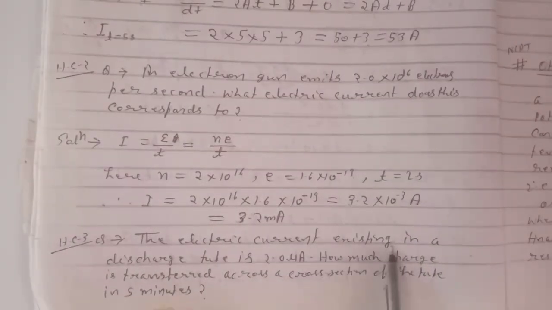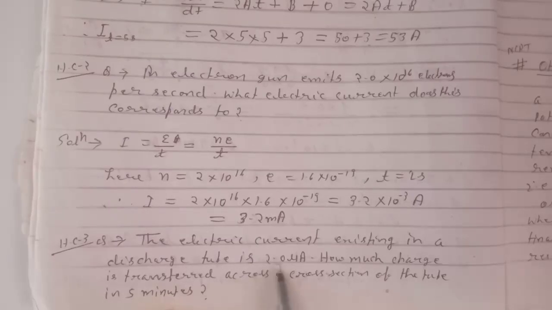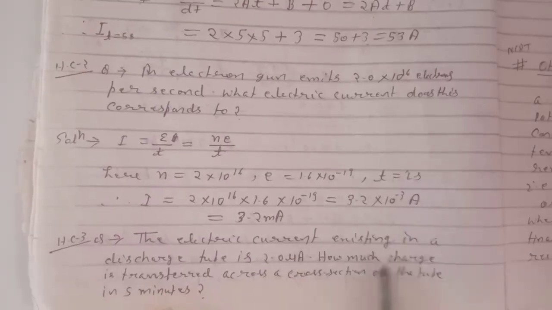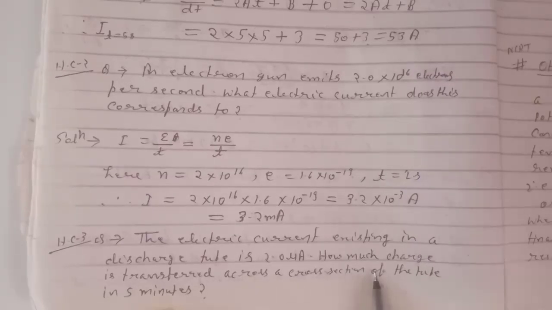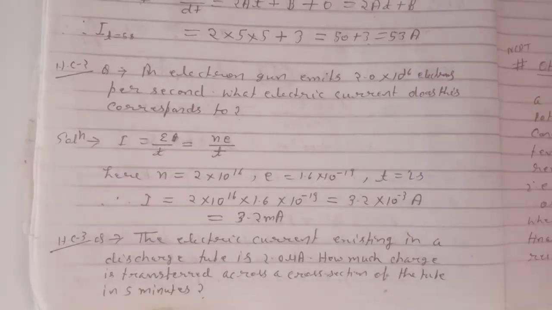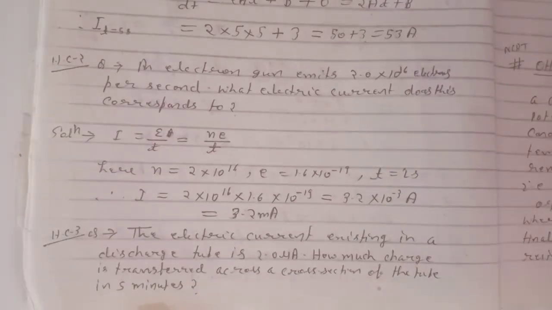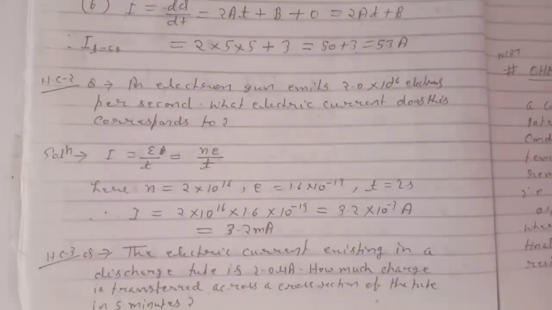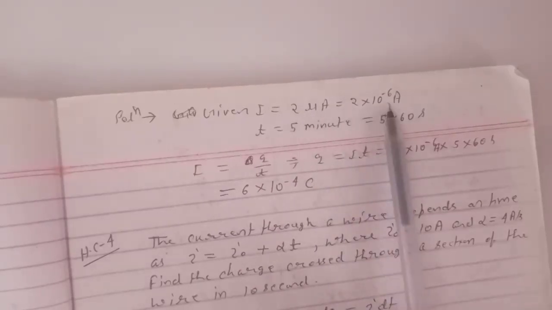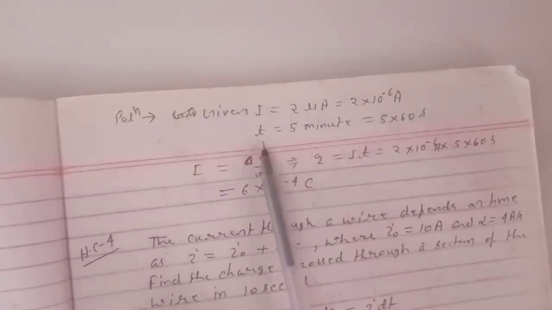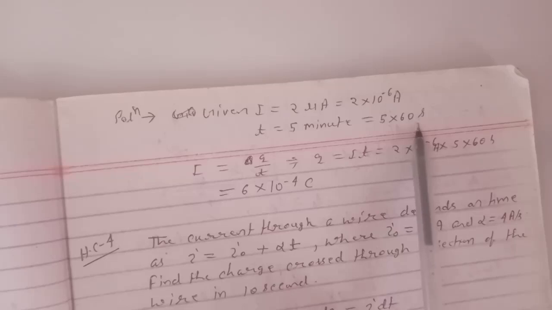The electric current existing in a discharge tube is 2 microampere. How much charge is transferred across a cross section of the tube in 5 minutes? Here we have to find the value of Q. Solution: given I equal to 2 microampere, or 2 into 10 to the power minus 6 ampere, and t equal to 5 minutes, 5 into 60 seconds.